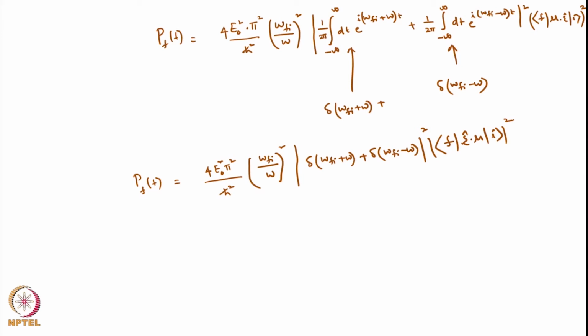Now, this involves two factors that are the Kronecker deltas, δ(ω_Fi + ω) and δ(ω_Fi − ω). Now, let us consider a very simple scenario.